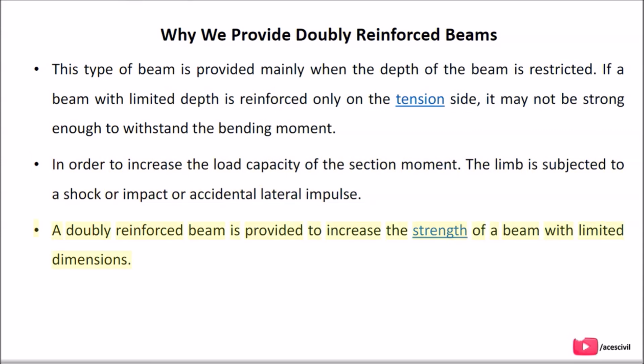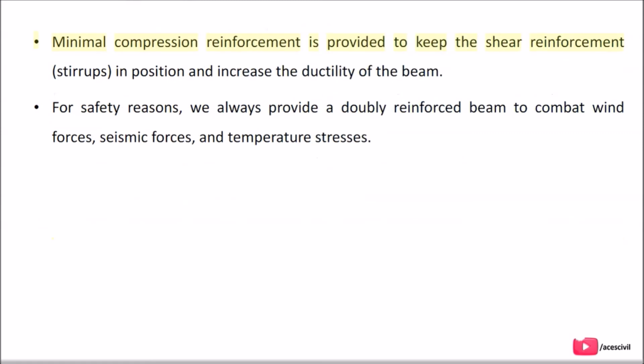A doubly reinforced beam is provided to increase the strength of a beam with limited dimensions. Minimal compression reinforcement is provided to keep the shear reinforcement, stirrups, in position and increase the ductility of the beam. For safety reasons, we always provide a doubly reinforced beam to combat wind forces, seismic forces, and temperature stresses.